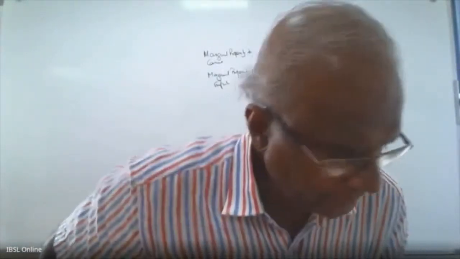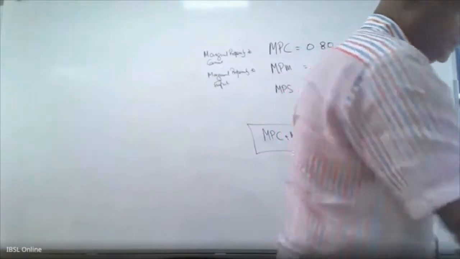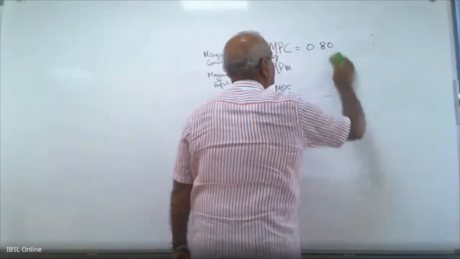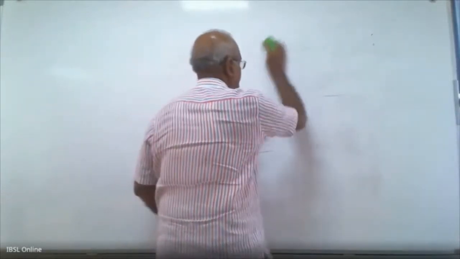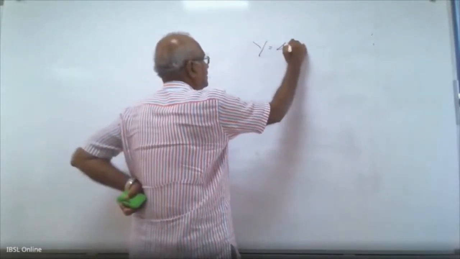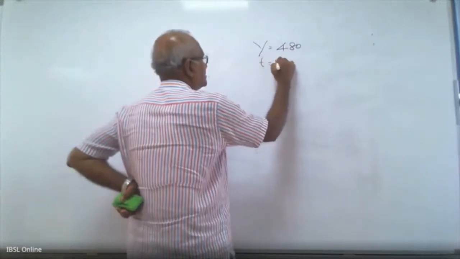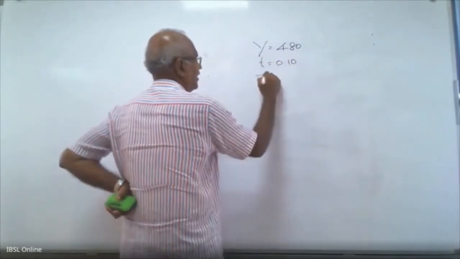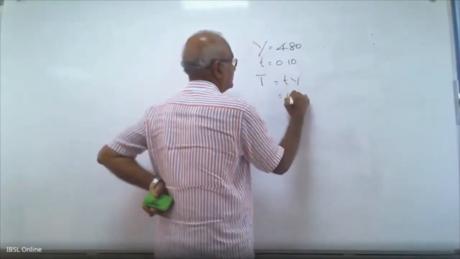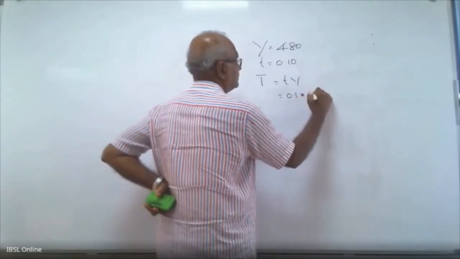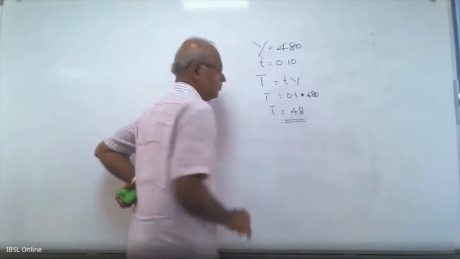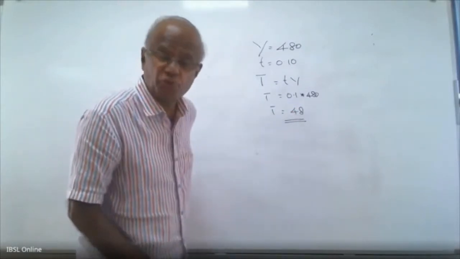So income is 480. Tax rate is 0.1. So government tax revenue is what? tY. Tax revenue is 48. Disposable income?